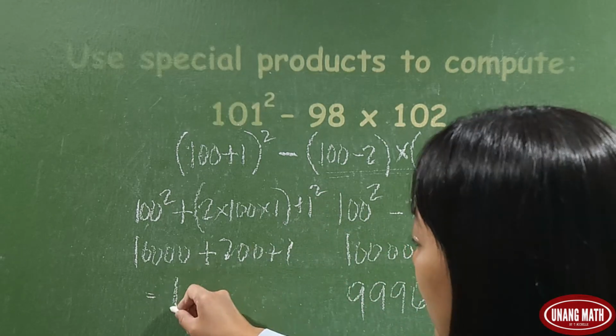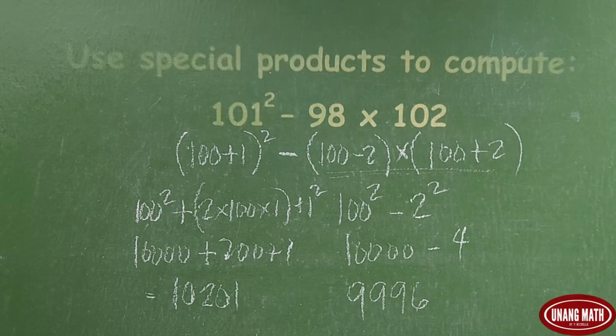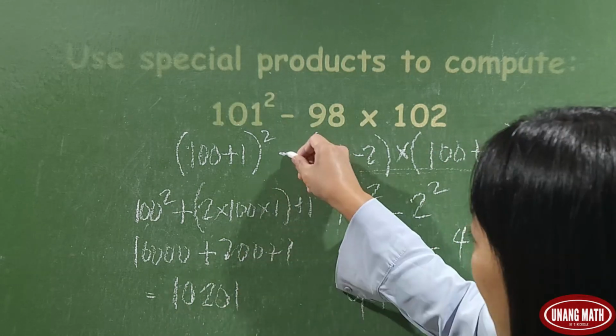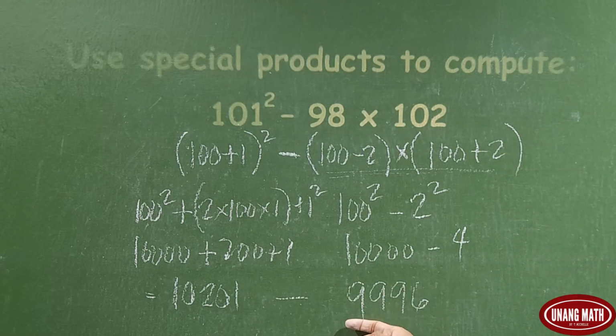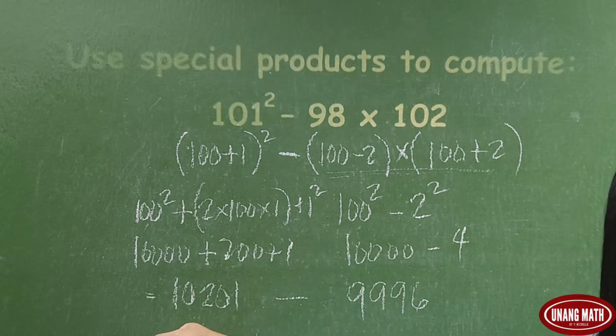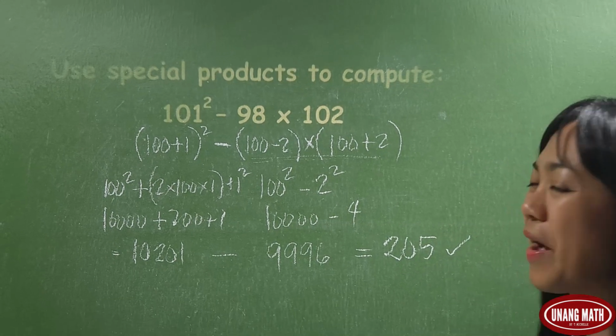So we have here 10,201. Okay, now the operation is subtraction. So we will subtract 9,996 from 10,201. And we will get here 205.